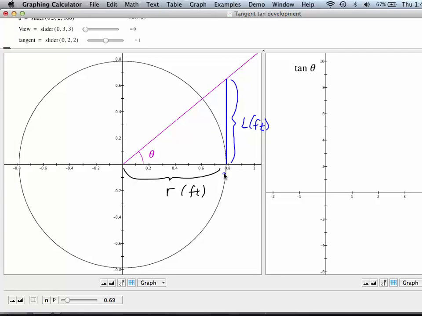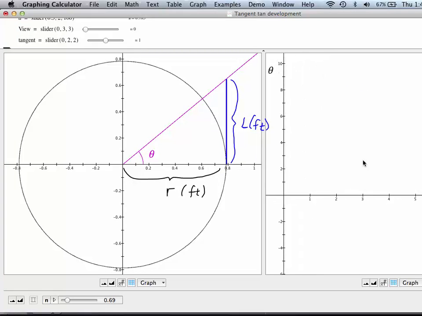Isn't that right? Yeah. So this quantity that we're talking about is L divided by R. Okay? L divided by R. And that would be L in radius. Exactly. This is right.